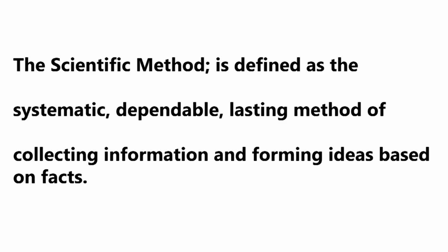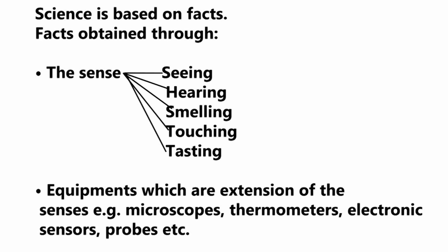The scientific method, therefore, we can define as a systematic, dependable, lasting method of collecting information and forming ideas based on facts. Now, science is based on facts, and these facts are obtained through the senses.